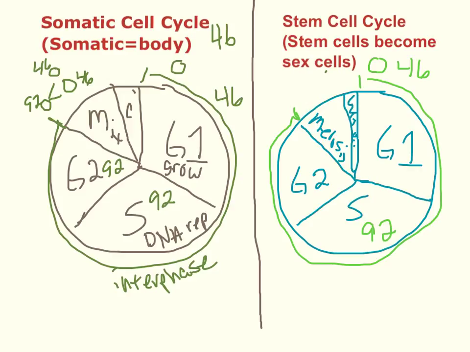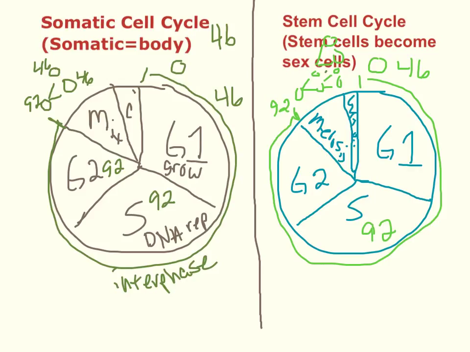And then when it goes through meiosis, it goes through 2 divisions. It's called a reduction division. So when it's beginning of meiosis, it has 92, and then it's going to go from 1 cell to 2 cells to 4. I can't fit them all in there, but we'll talk about it. And so those 4 cells each end up with having 23.